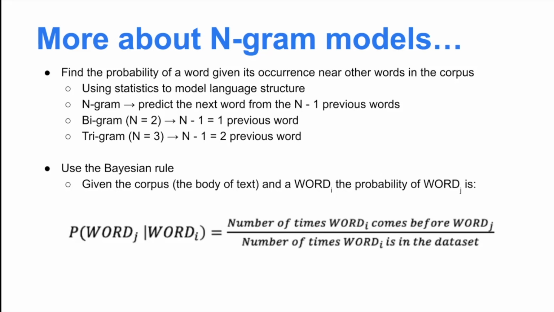A trigram would be n equals 3, so the 2 previous words to predict the next word, and so on. To calculate these probabilities, we can use the Bayesian rule, where given the corpus, which is the body of text, and a word I, we can predict the probability of word J by the number of times word I comes before word J, divided by the number of times word I is in the data set.